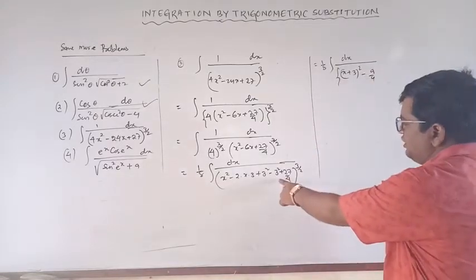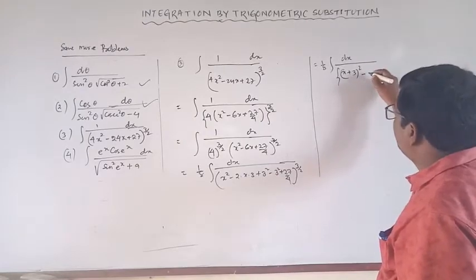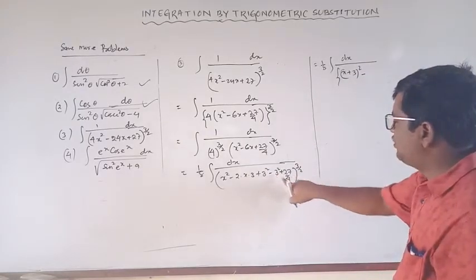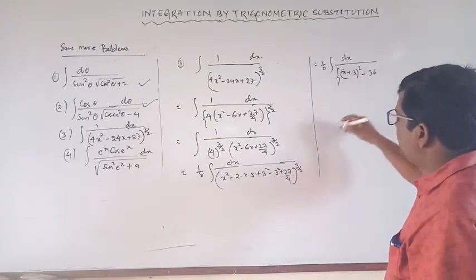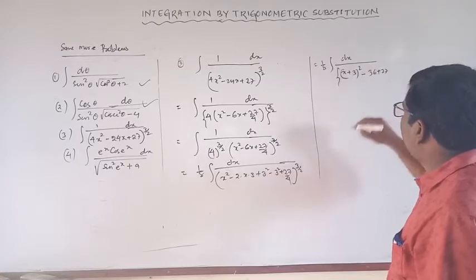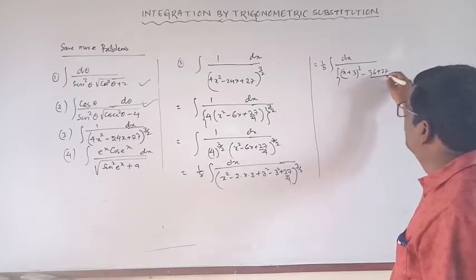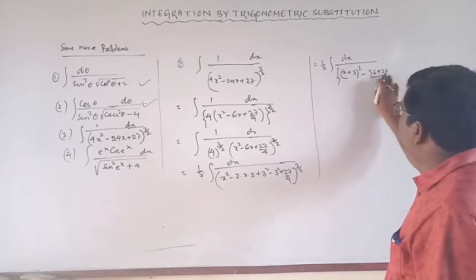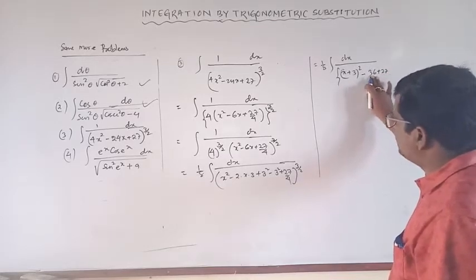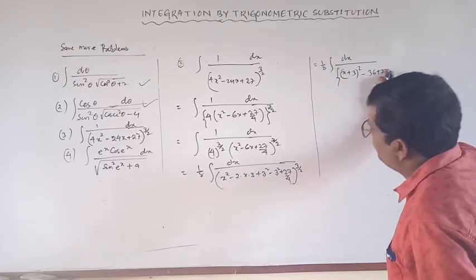Okay, this is minus 36 plus 27 by 4, which is minus 9 by 4.